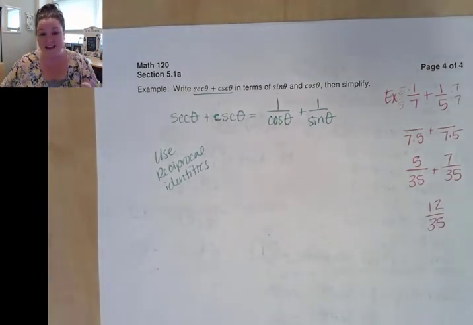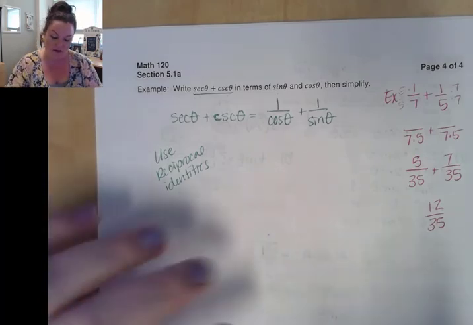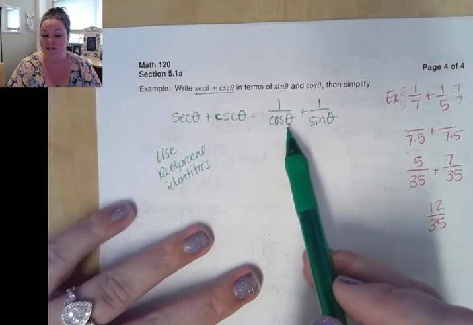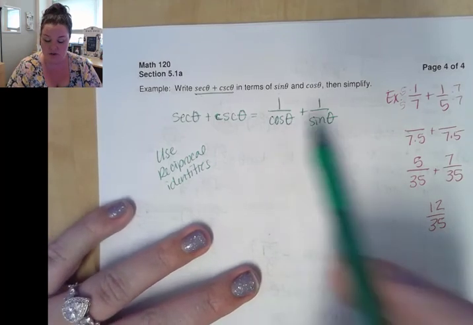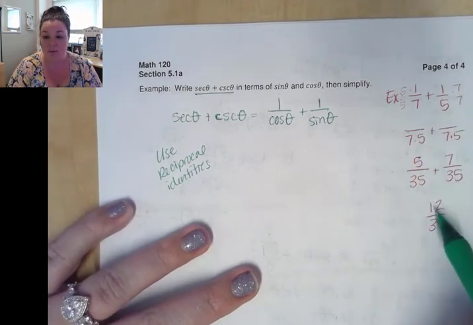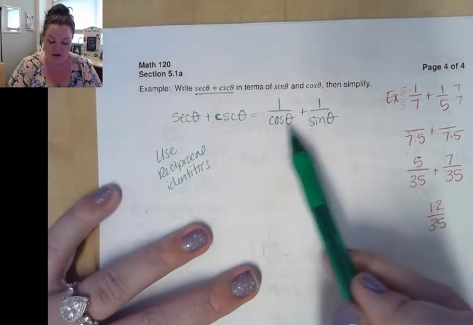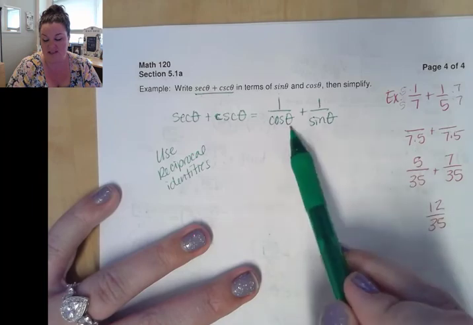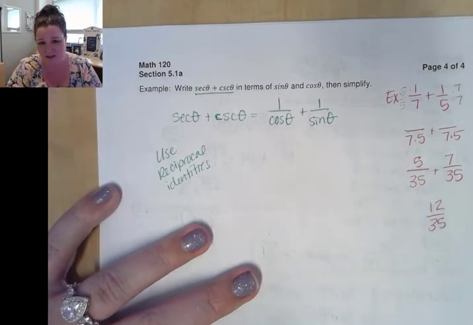But I want to do the same thing with sine theta and cosine theta, and that is to get a common denominator. So just like we did over here with our number example, if our denominators are completely unrelated, then my common denominator is just basically taking those two denominators and multiplying them together.